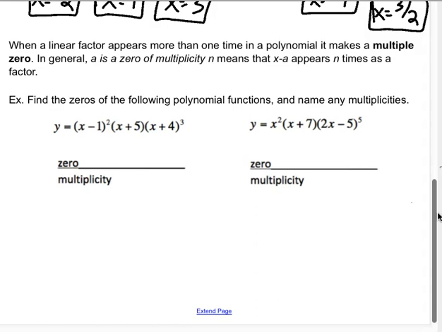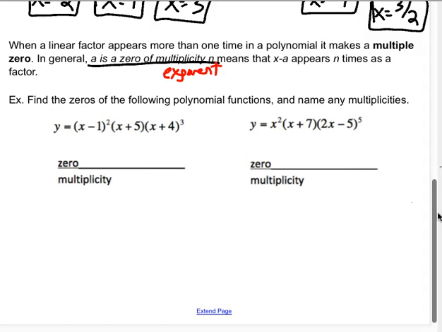So when you find that 0, what you're going to say is a is a 0 of multiplicity, whatever that exponent is, okay? So the multiplicity deals with the exponent that you see, okay?